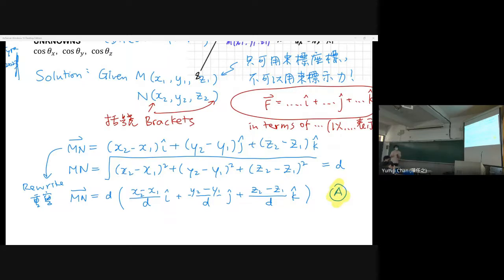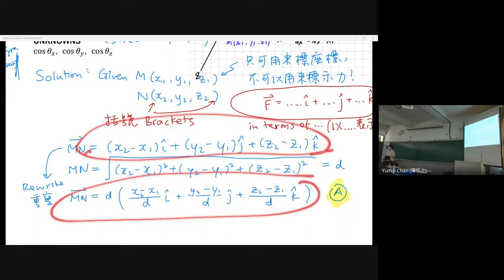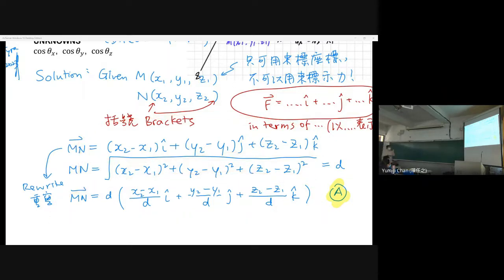I will say this is equation A. So I think you know how these two are the same, right? And we know what d is.